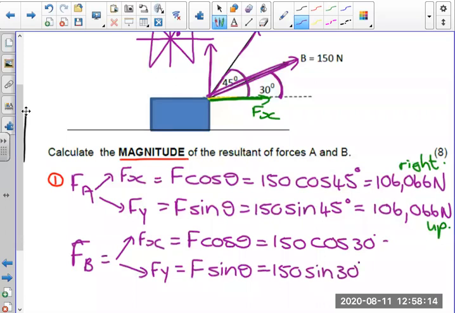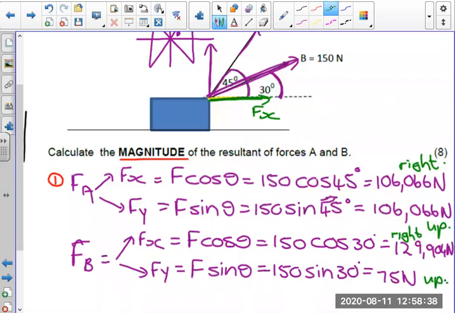Now when we work this out, we get an answer for this one as 129,904 newtons, and the other one is 75 newtons. Again, the Fx is to the right and the Fy is upwards.